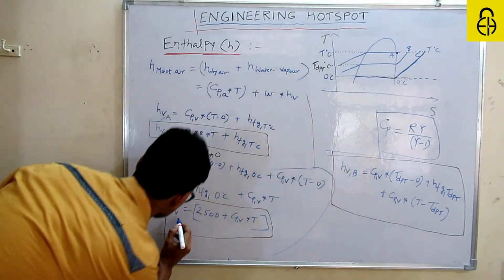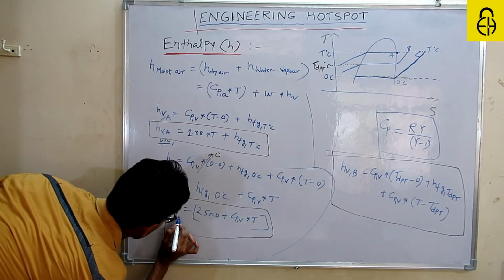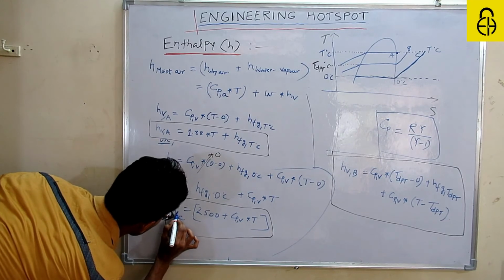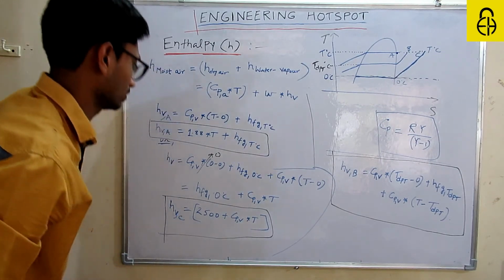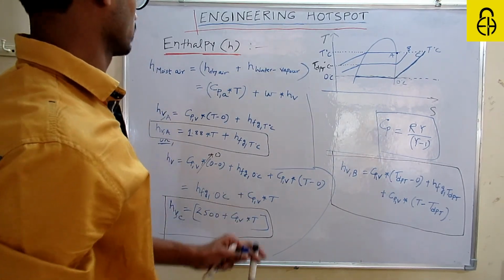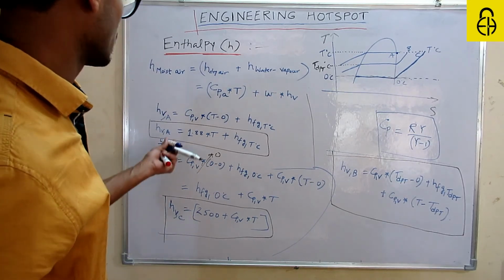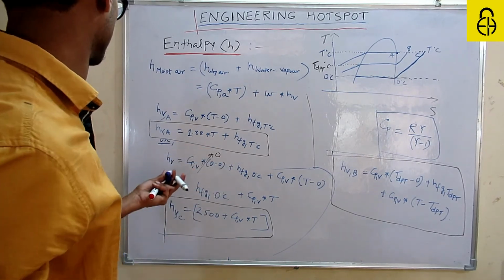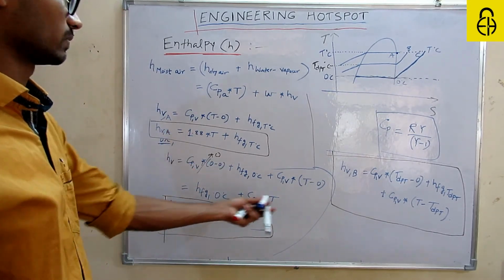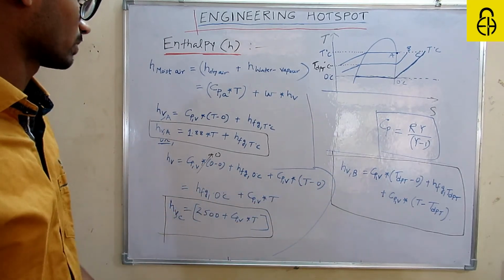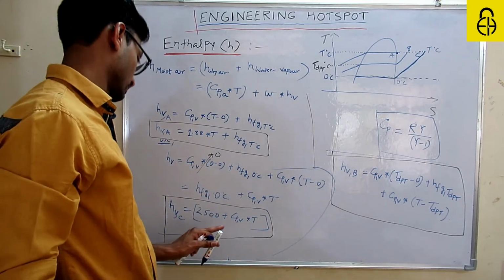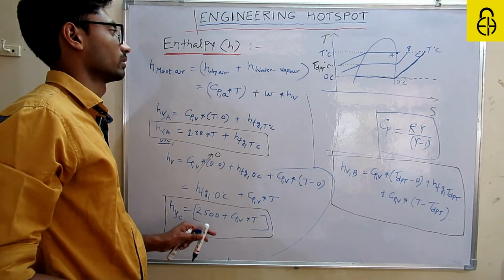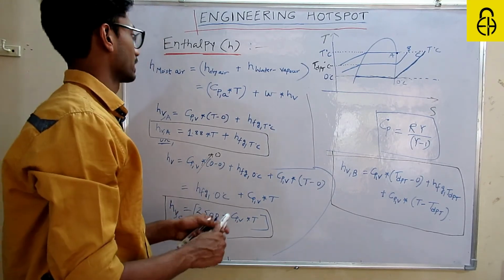C. So take it C only, this curve as C. I said that there are three ways to calculate HV. This way, and this way. But in most of the books, they have given HV this value. So let me take this value only.